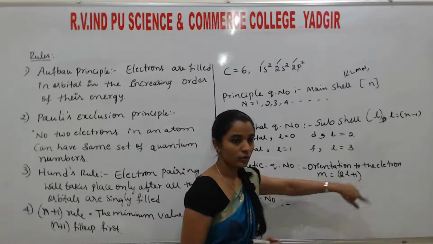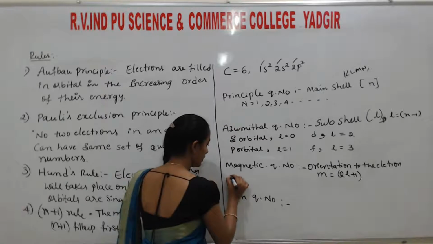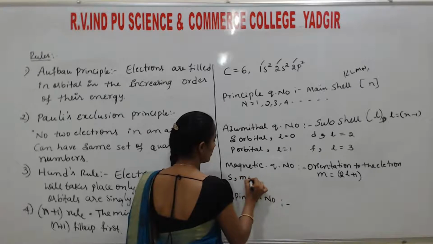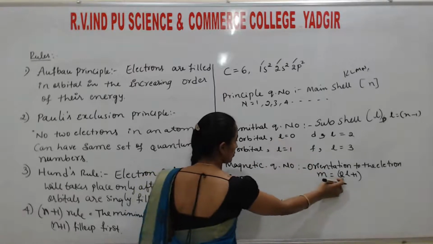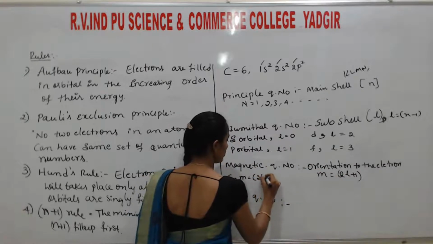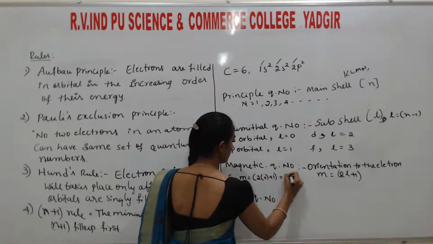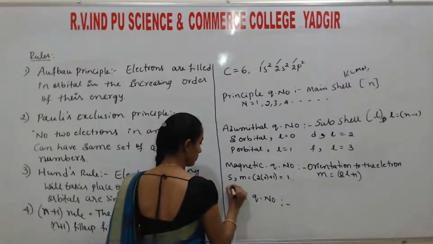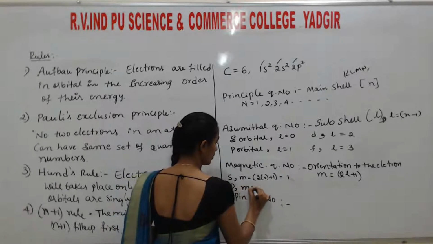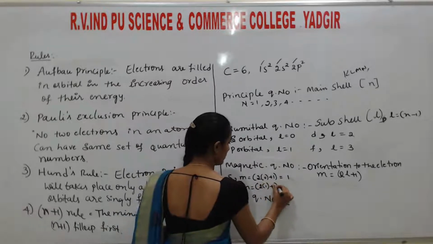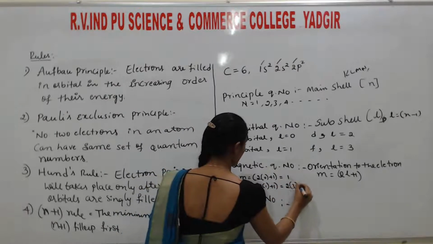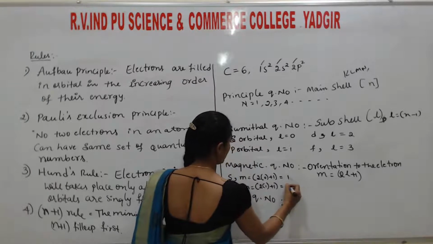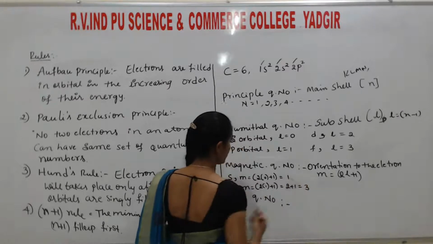For the s orbital, the l value is 0, so 2l plus 1 means 2 into 0 plus 1, that is 1. For the p orbital, m is equal to 2 into 1 plus 1, that is 2 plus 1, that is 3.